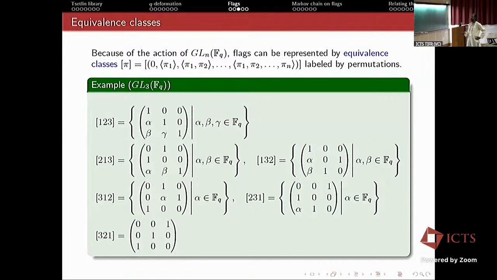So here I'm taking the convention that above a pivoting one and to the right of a pivoting one, all the entries are zeros. So for the identity, there are three elements. For the long word, there's only one.